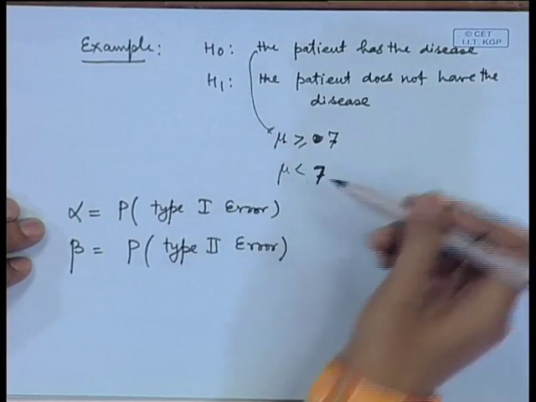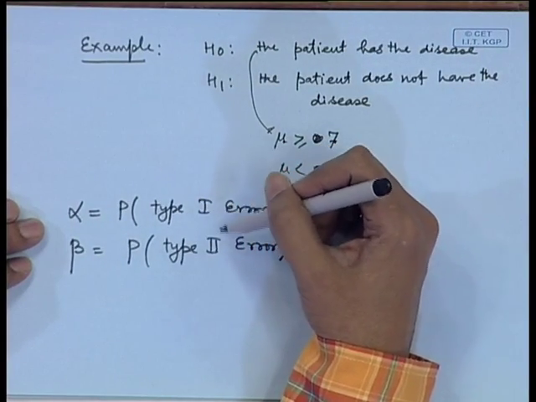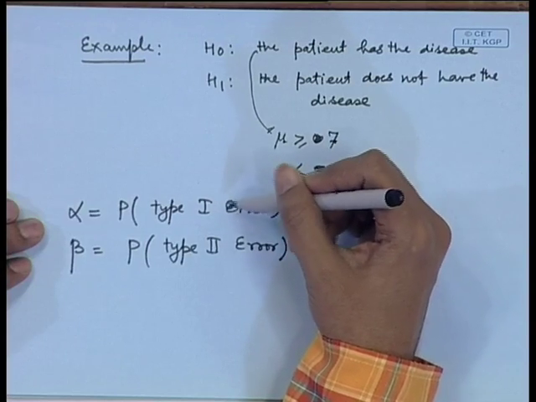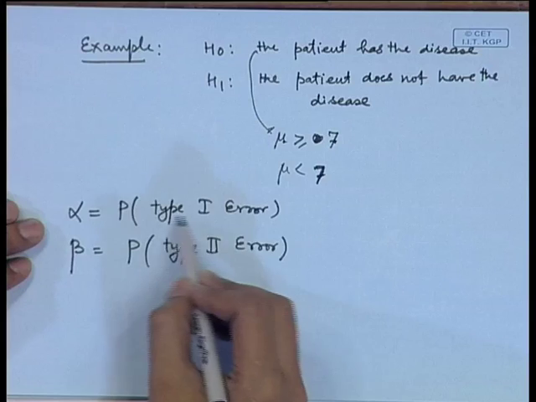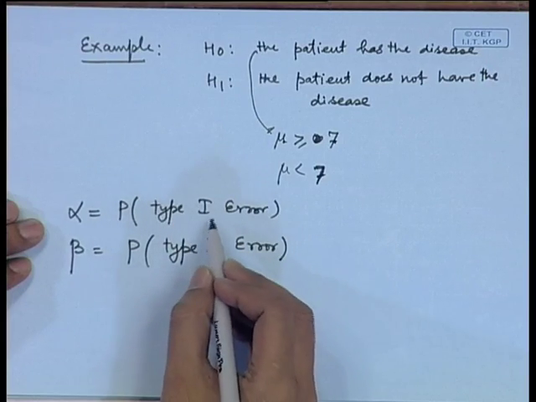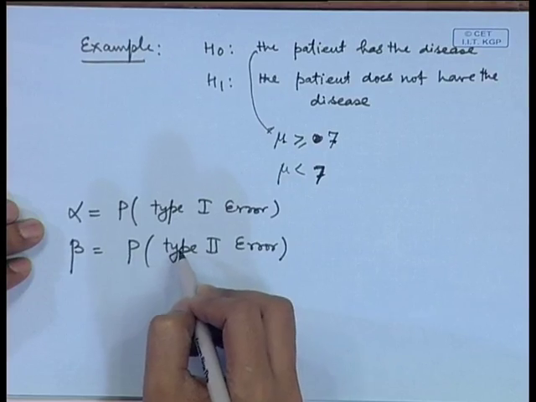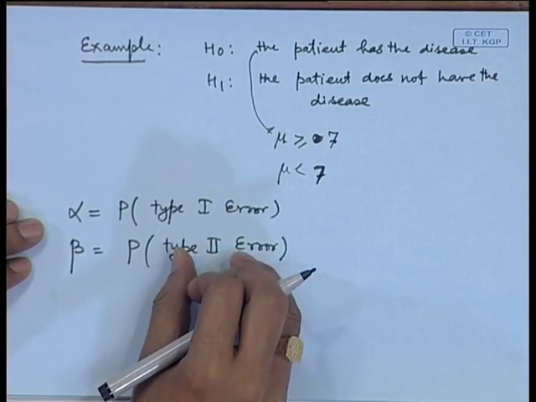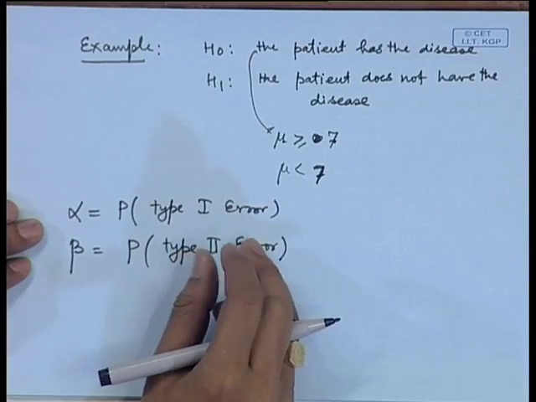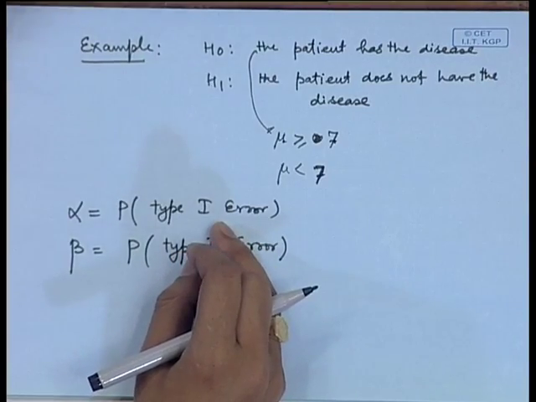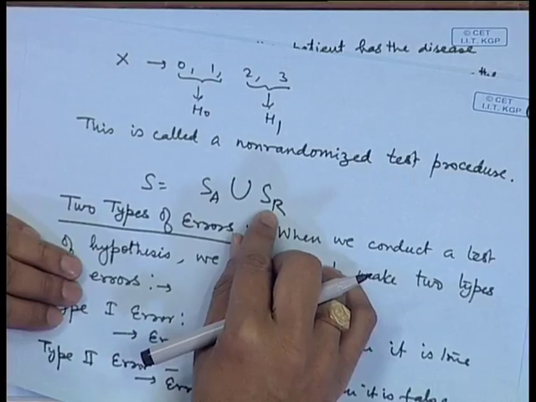The reason is that the probability of type 1 error and type 2 error is based on the sample. Type 1 error is rejecting H naught, that means it is the size of the rejection region when H naught is true, and this is accepting H naught when it is false. So, it is the size of the acceptance region. As we have already devised, the acceptance and the rejection regions are complementary in nature.